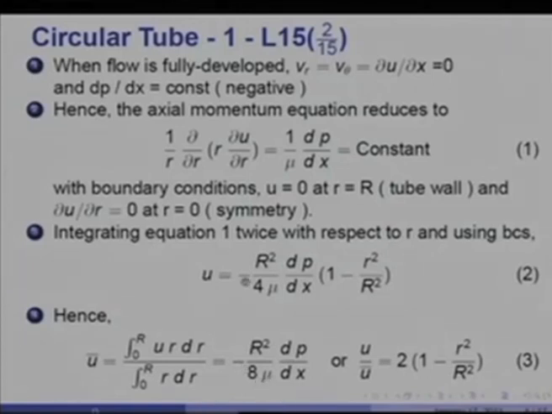Notice the negative sign here as well as here, which simply accounts for the fact that dP dx now is of course negative, which gives us u over u bar equal 2 into 1 minus r square by R square, a very well known result that you will recall from your undergraduate days.